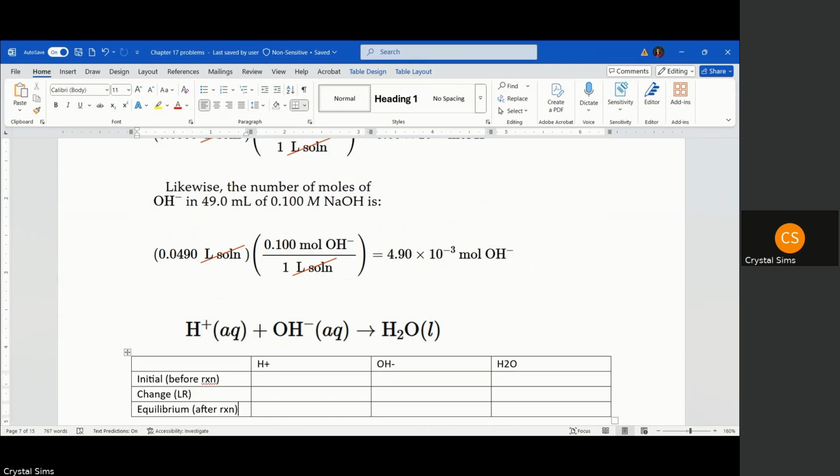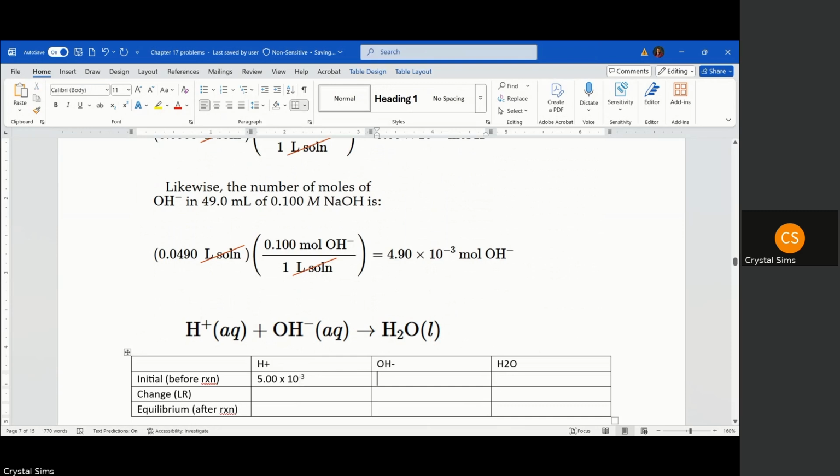Because we're not quite at the equivalence point yet, like I mentioned, hydroxide is going to be our limiting reactant. So 5.00 times 10 to the negative 3 is our hydrogen ion amount. We calculated that.